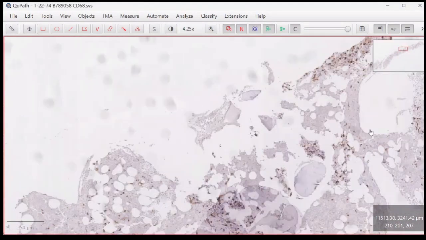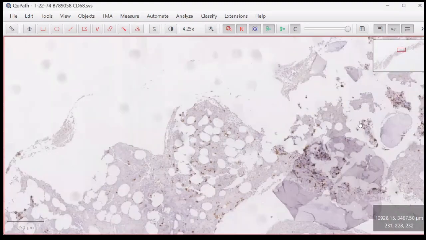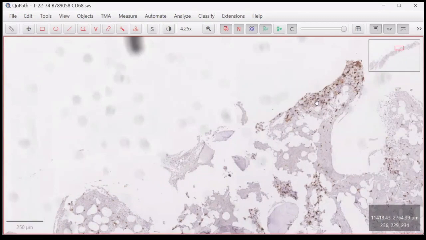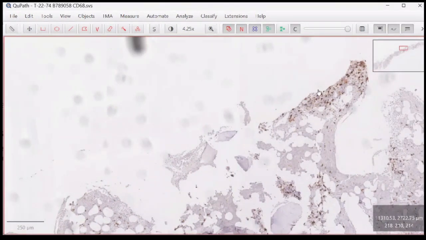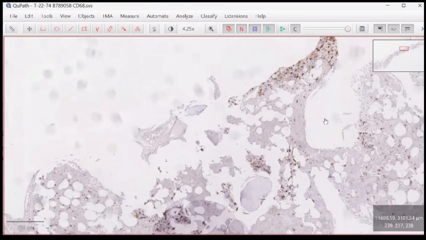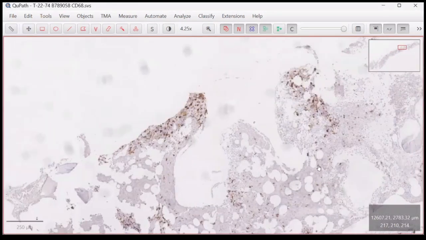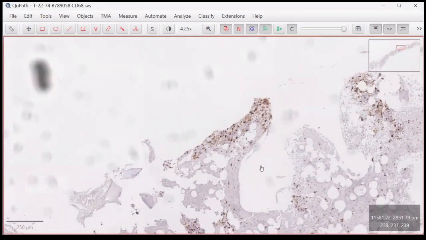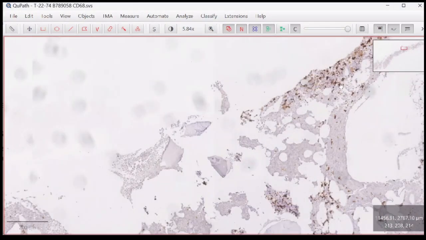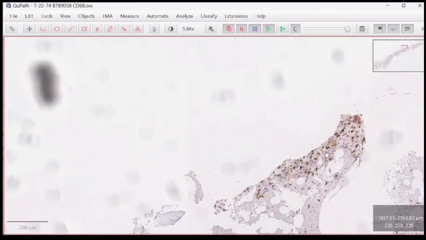You might also wonder, what about the pattern, doctor? Somehow they tend to localize in some area, but they are not really forming clusters. As you see here, they are individual cells.